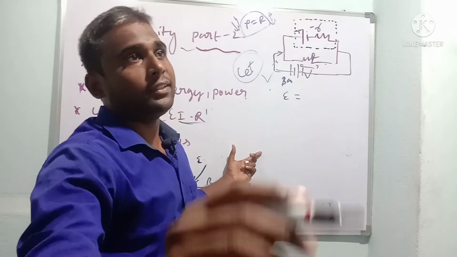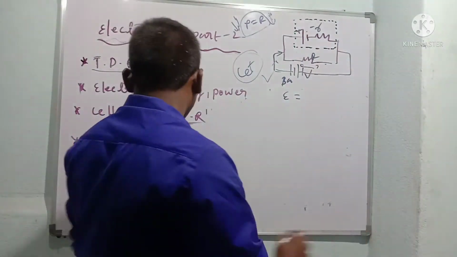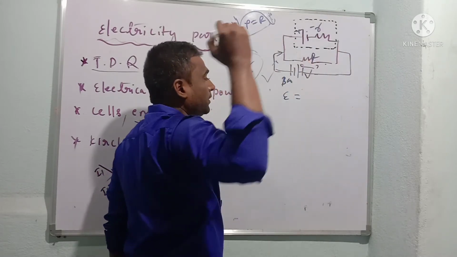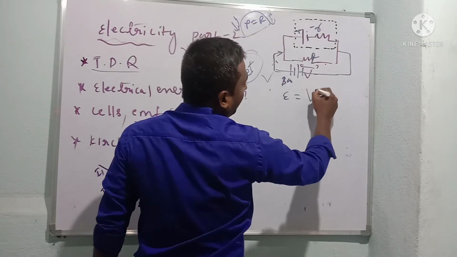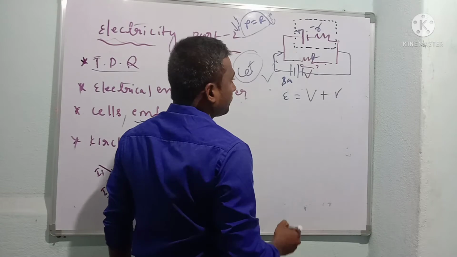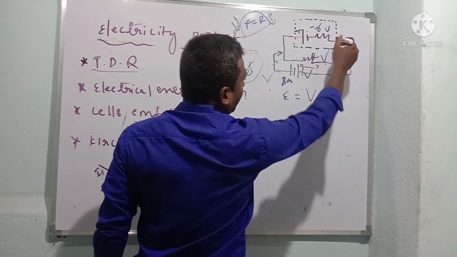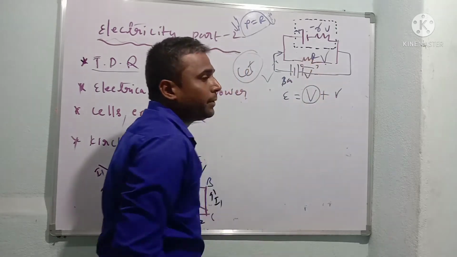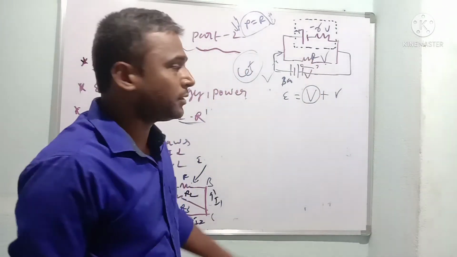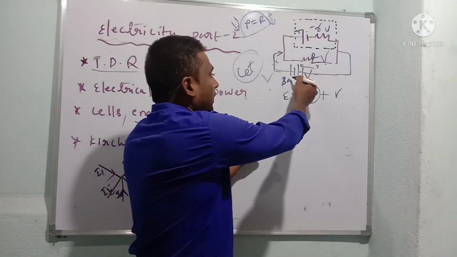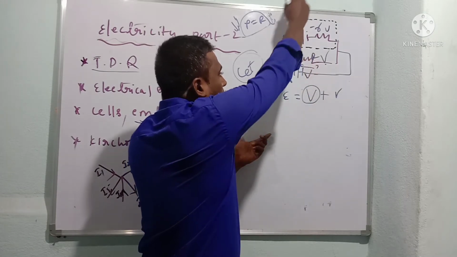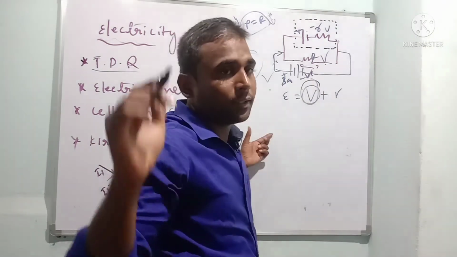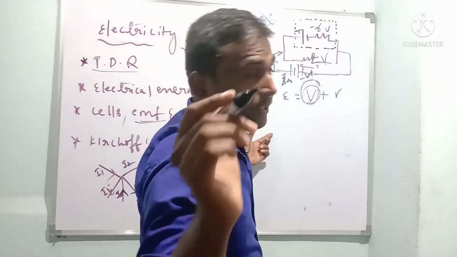The potential difference throughout the circuit is called EMF. So the total potential difference is given by V plus small v. This is small v, this is capital V. Now this is called terminal potential difference, meaning the amount of work to be done to move from the positive terminal to the negative terminal. That is called terminal potential difference.